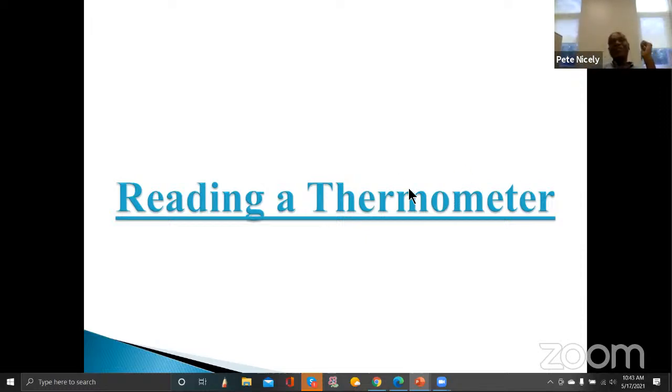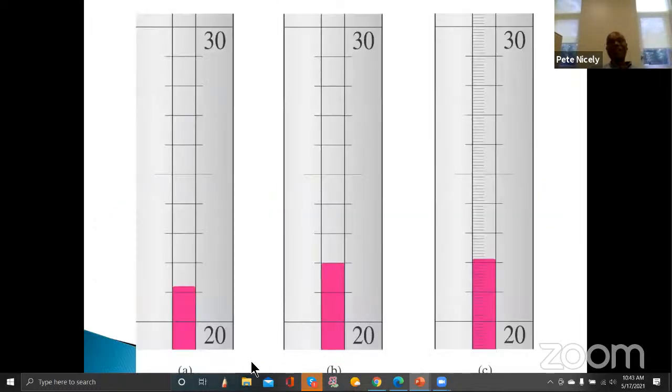The example we're going to use here is reading a thermometer. As you can see on the screen, there are 3 thermometers. The first 2 have identical scales. Let me move this out of the way.